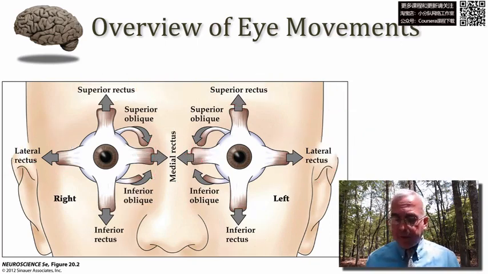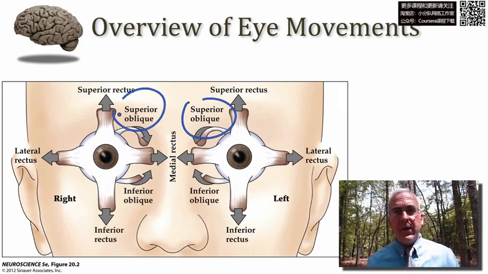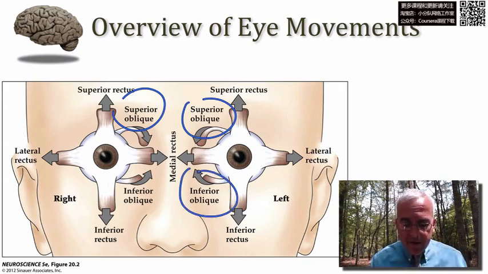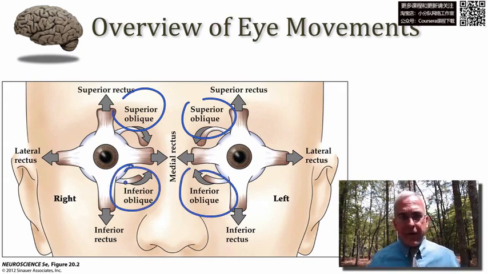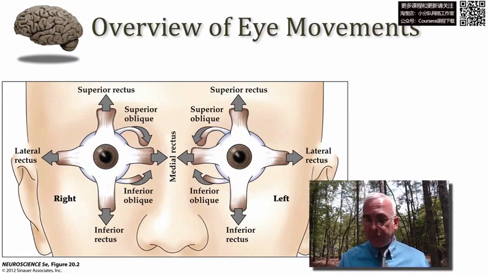Well, in addition to the rectus muscles, we have two oblique muscles. There are superior oblique muscles that turn the eye downward and inward, and then there are inferior oblique muscles that rotate the eye outward and upward. Well, these 6 pairs of extraocular muscles are innervated by 3 pairs of cranial nerves.